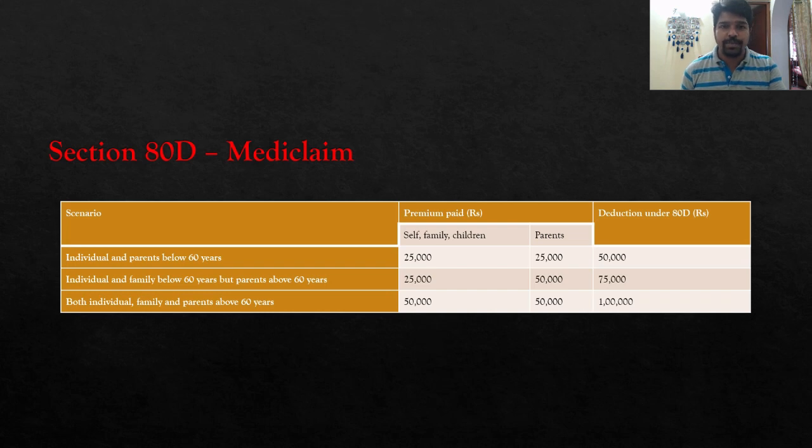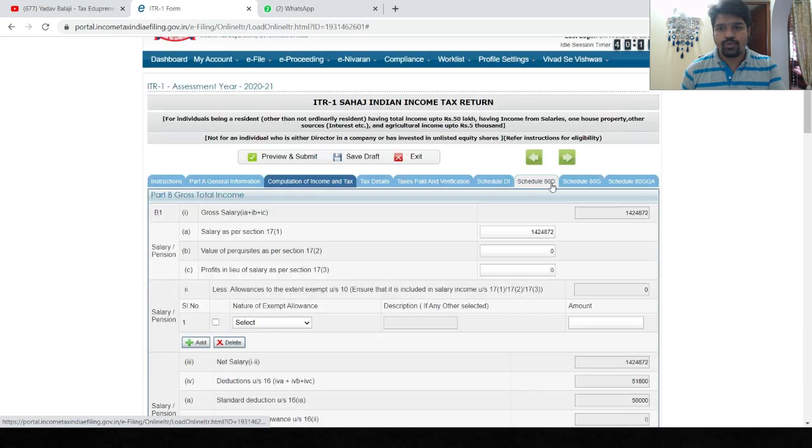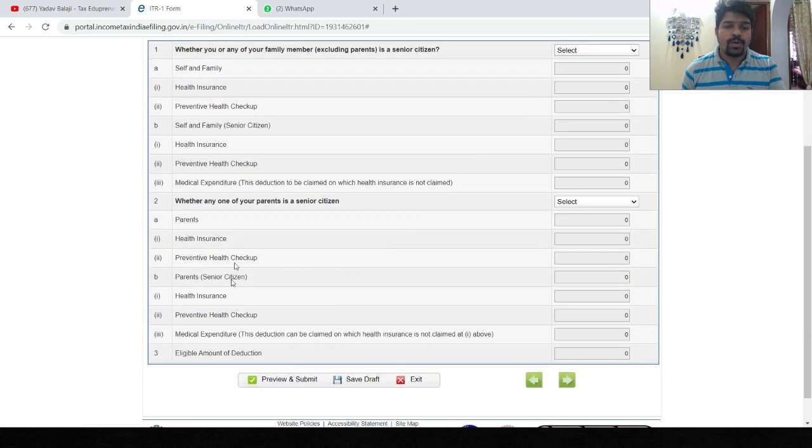So let me go back to the income tax website. To update here, you have to go to the new tabs, Schedule 80D. So here you have to update. One more thing: if you have taken a policy in your name but your parents are senior citizens and you are not able to get a policy for them, because many health insurers do not give policies to senior citizens, then in that case, if you have not taken any policy for your parents and you have incurred medical expenses, those expenses you can also claim.